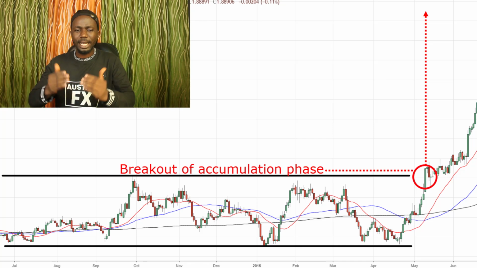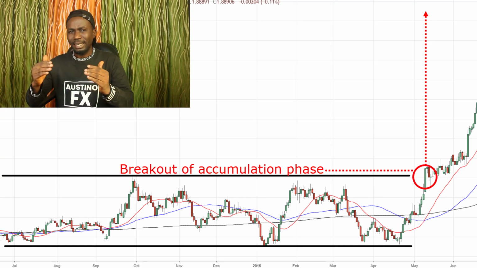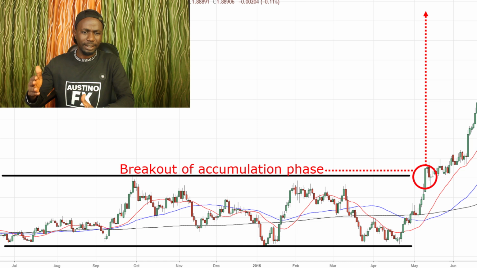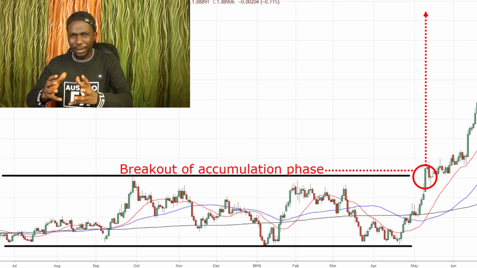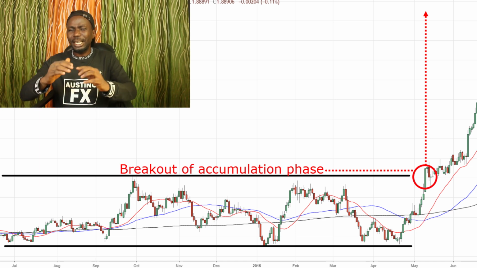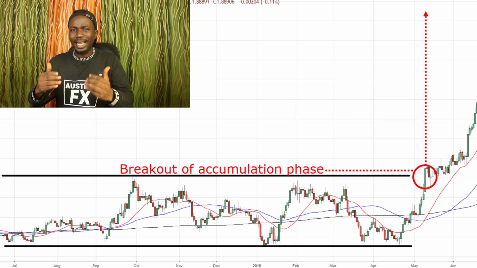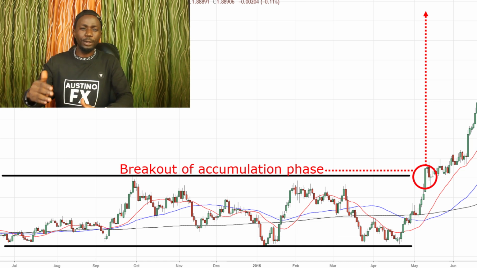When we talk of the accumulation stage, it is a ranging market after a downtrend. That is, after a downtrend, there will be what? A range. A market that is ranging after a downtrend, we call it what?